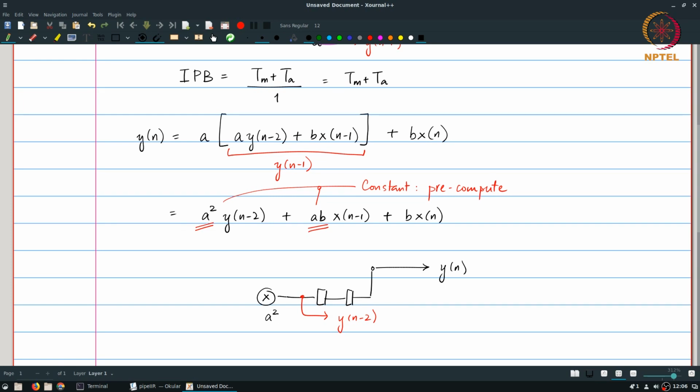I don't multiply it twice by a into a. And now I would need to add it. And what do I add to this? The value x of n into b plus x of n minus 1 into ab.